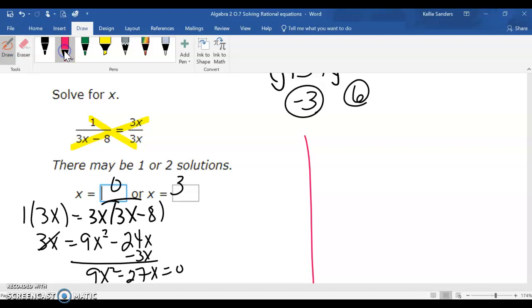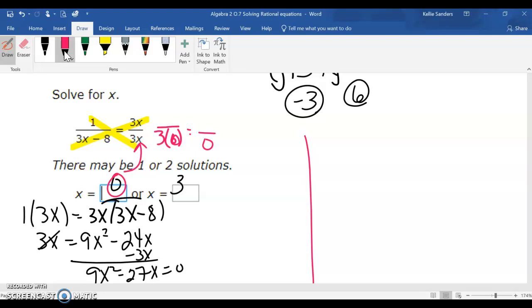What would happen is, if we put this 0 right here, we would get 3 times 0, and that would be 0 on the bottom. So in this case, 0 is extraneous, which means you cannot use it. We got it as an answer, but we cannot use it. So in this case, 3 is just the answer.